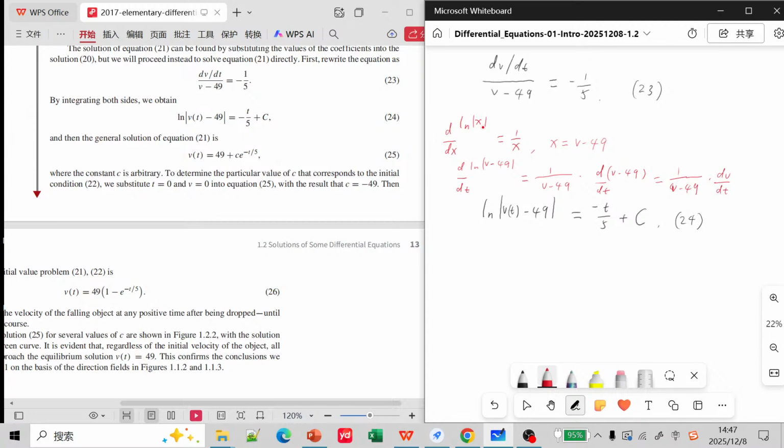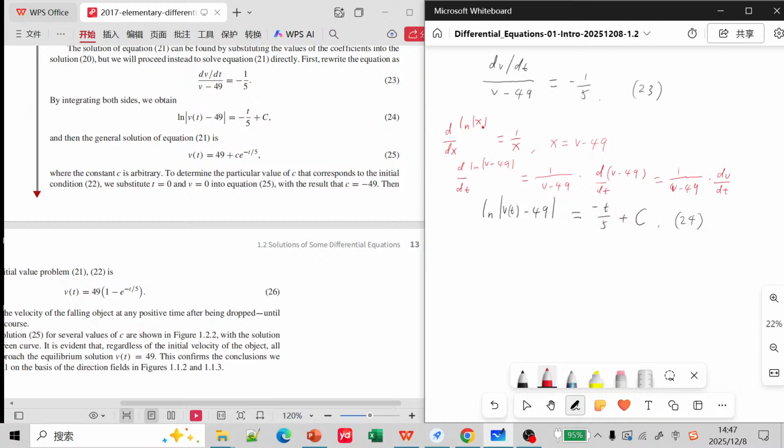And now we want to calculate its antiderivative. So the result is this thing, because this term's derivative is this. So this antiderivative is this, right?